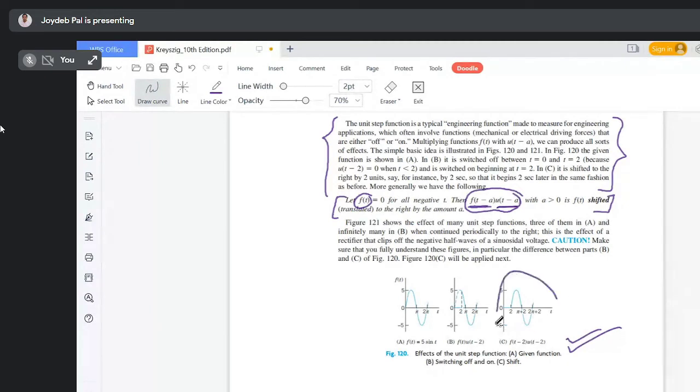I have already told you by this figure, right? f(t-a) u(t-a) means it is shifted a units to the right. So by using that formula f(t-a) u(t-a), from the negative axis you can shift the function to the positive axis.